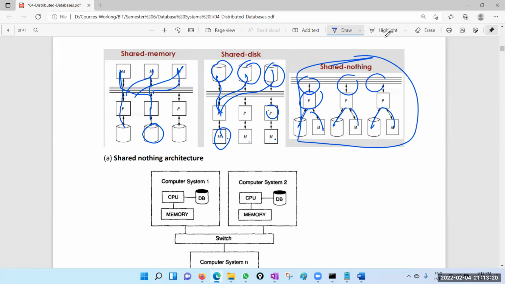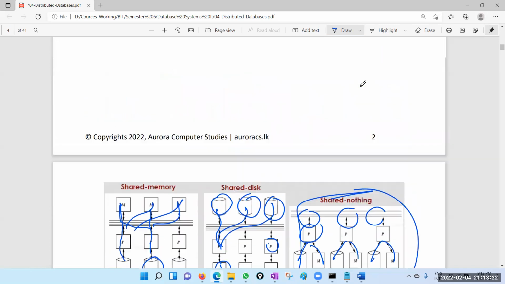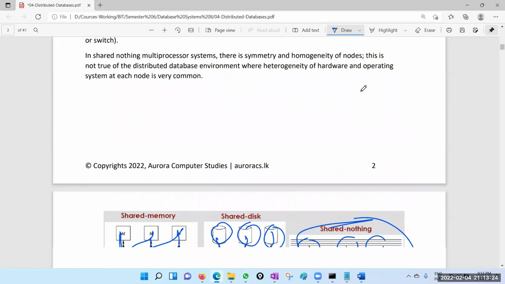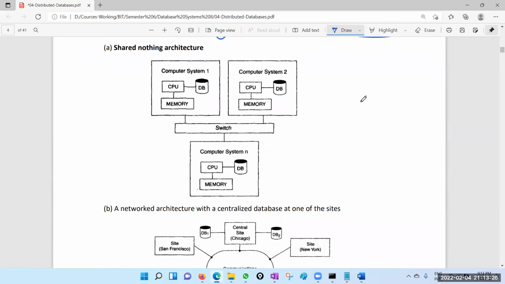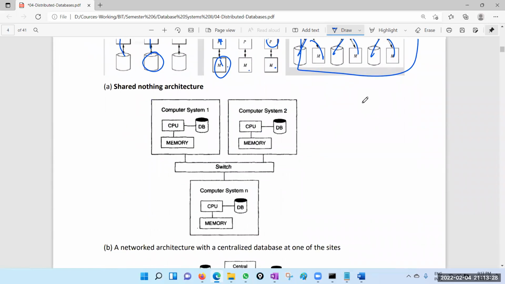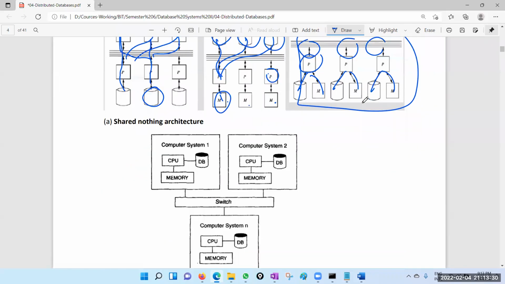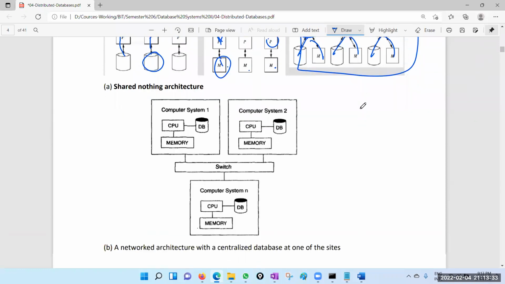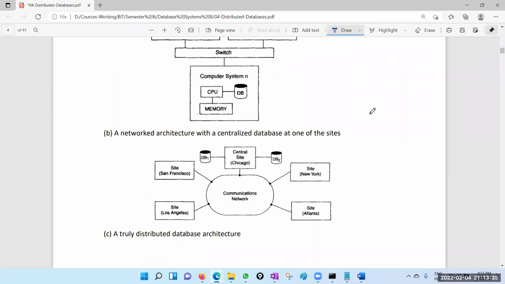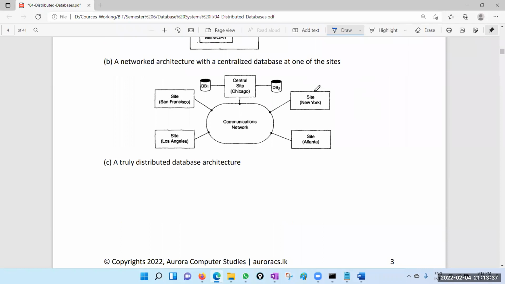Therefore, it is still a parallel database. What we are interested in is shared nothing, and at the same time they are far away in different sites. That is distributed database.